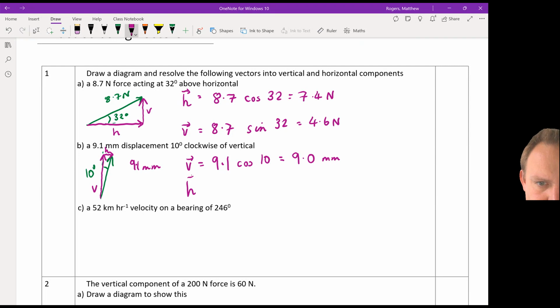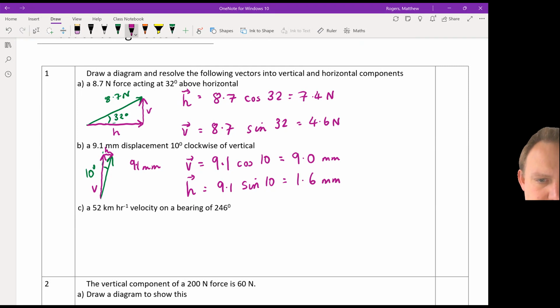And the horizontal component, the horizontal vector, has a size of 9.1, and this time it's the side opposite to the angle. So that's sine of 10, which is 1.58. So we're going to write 1.6 millimeters.